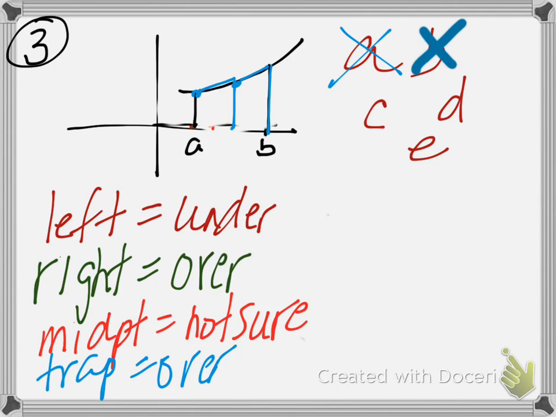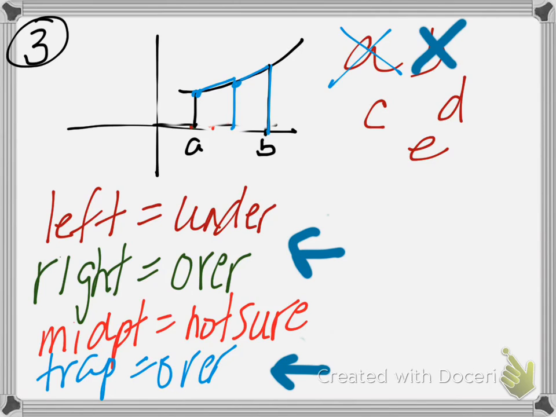Let's go to C. C says the right, so this is an over, is going to be bigger than the midpoint. We weren't sure about that one, so this could be a possibility for C. Let's look at D. D says the trapezoid will be less than the right hand.